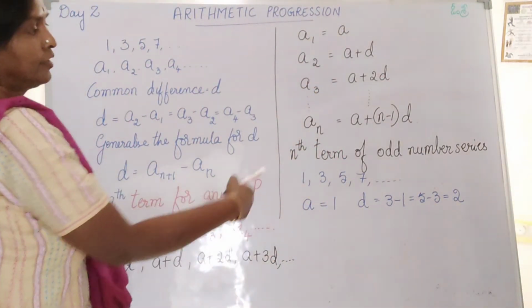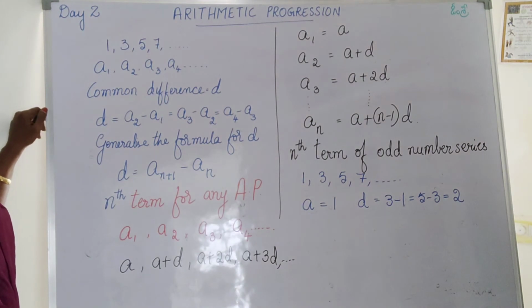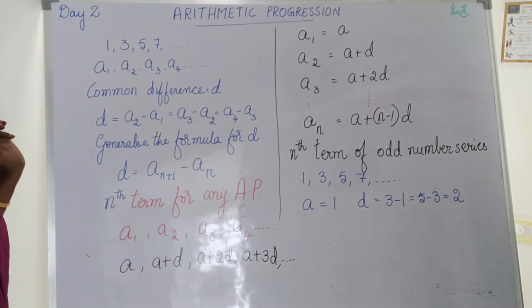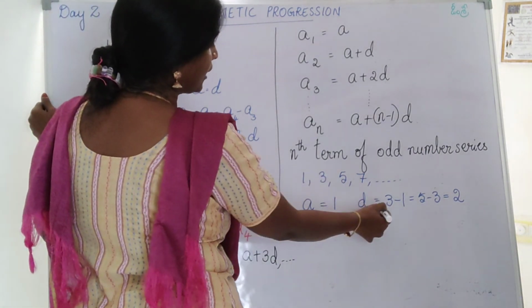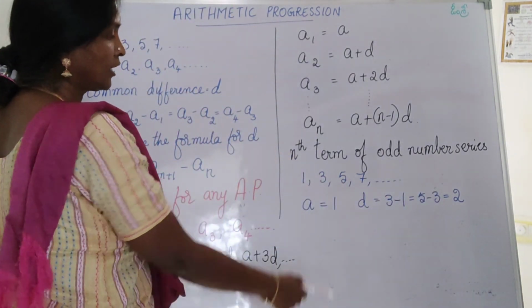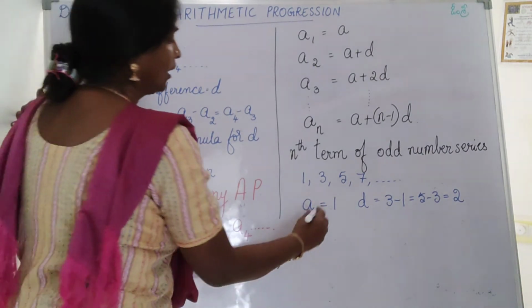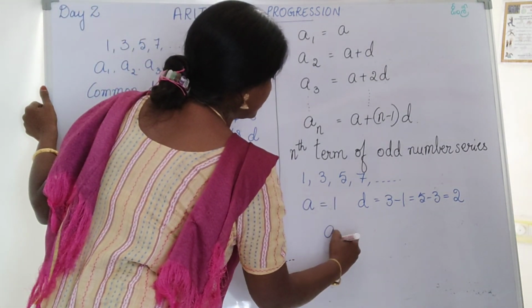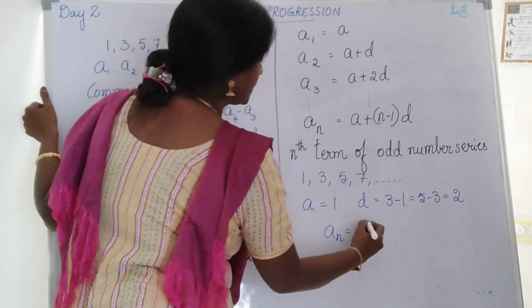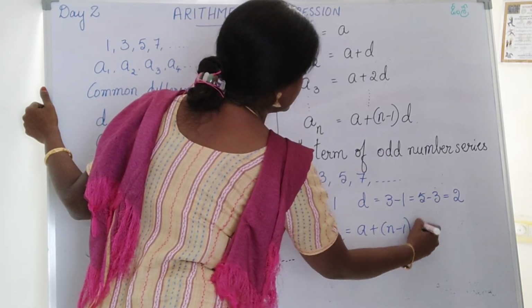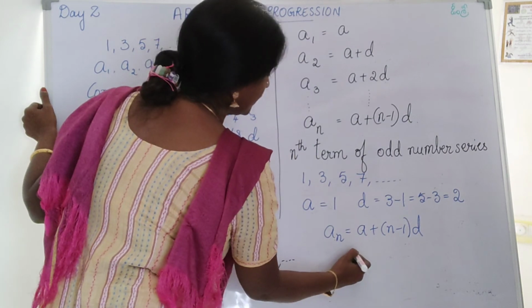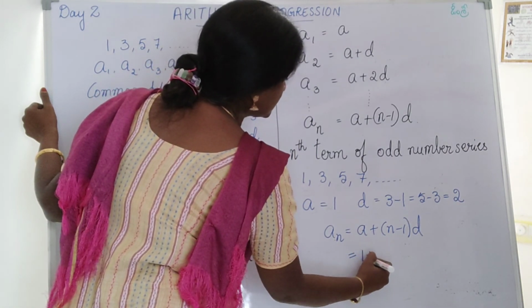So the common difference will be 2 here and the first term is 1. So when you have the common difference as 2 and the first term as 1, it's easy for us to find out the nth term as a plus n minus 1 into d.